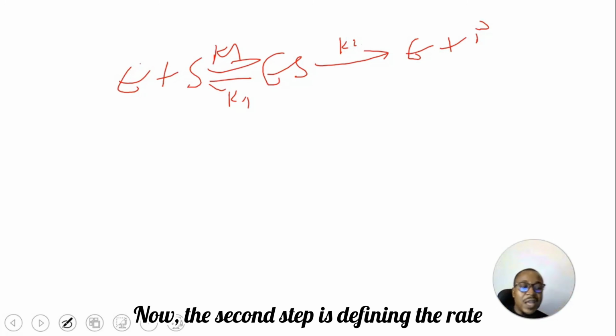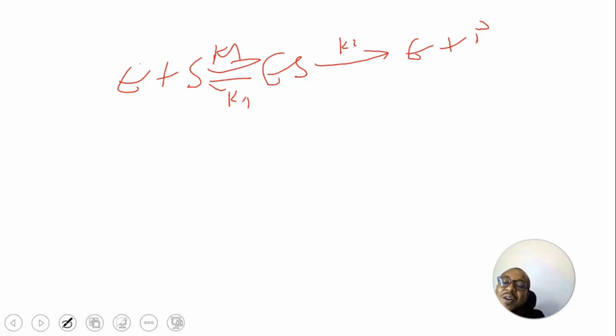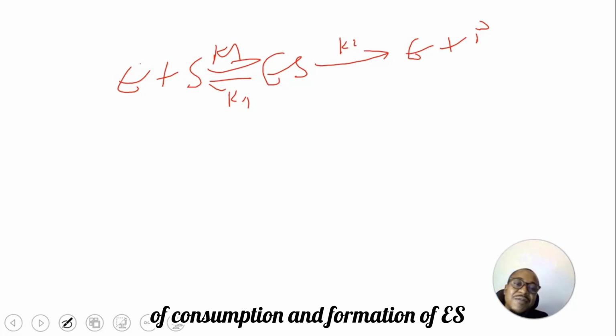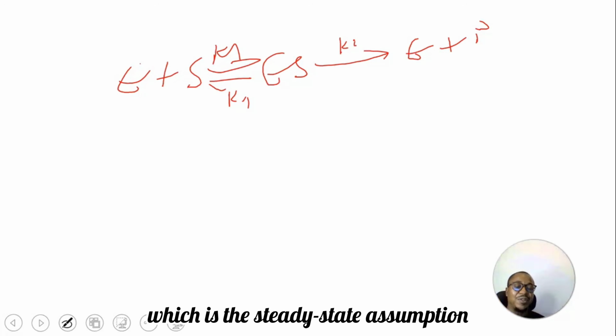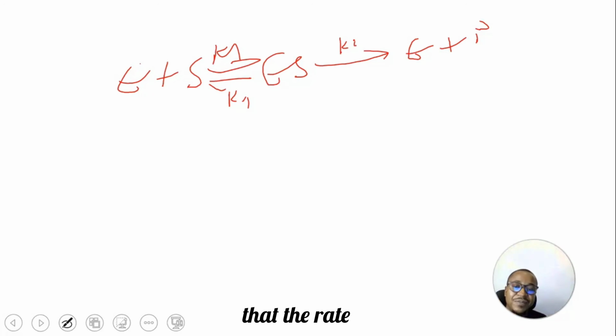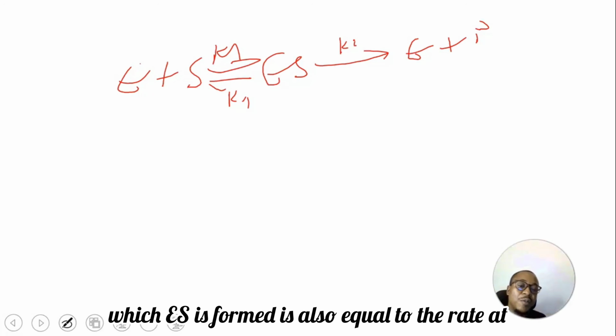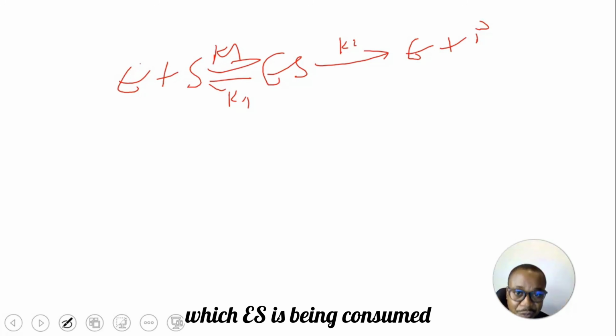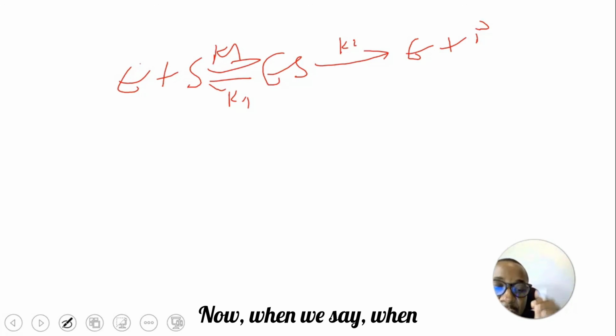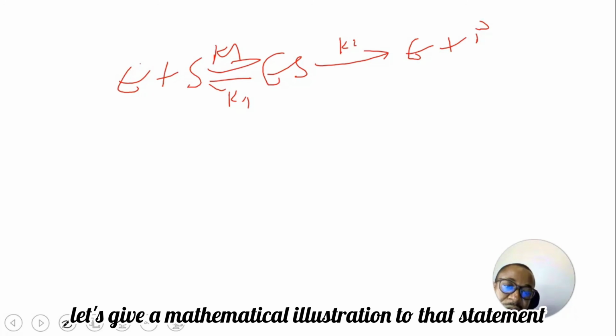Now the second step is defining the rate of consumption and formation of ES, which is the steady state assumption. The assumption states that the rate at which ES is formed is also equal to the rate at which ES is being consumed. Now, based on that, let's give a mathematical illustration to that statement.